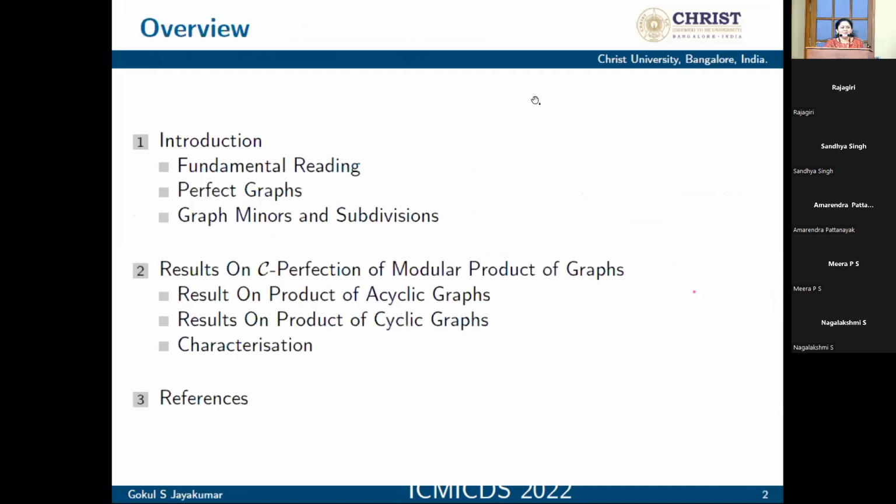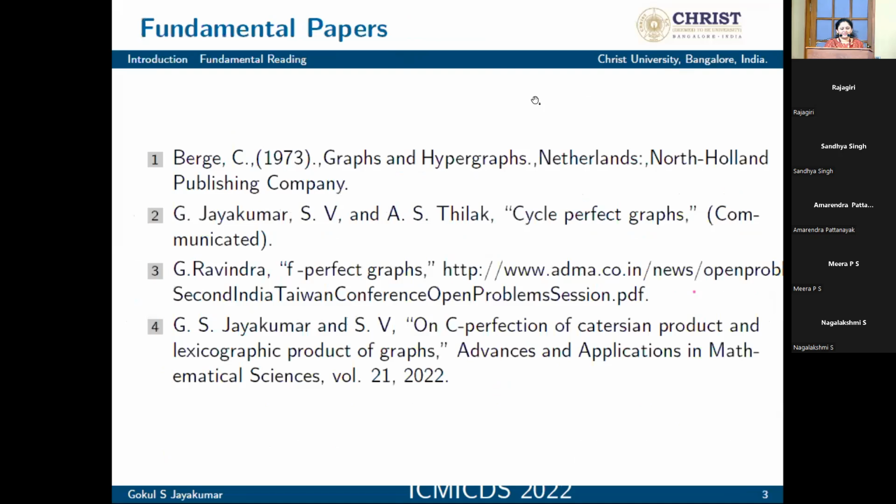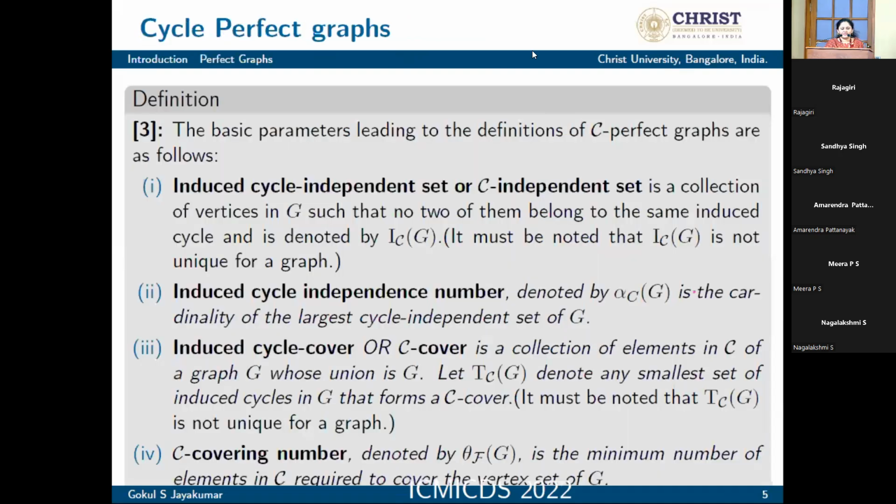Any queries? We are moving to the next one. Sri Kumar KG. Hello, madam. I am the second author, Jayakumar C. We have equal share in this, so I am going to present the topic.